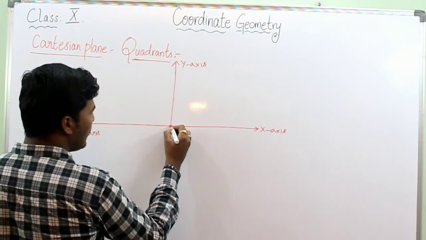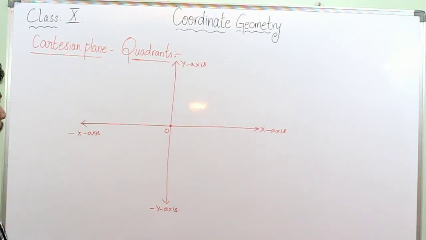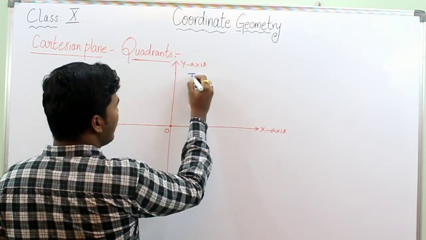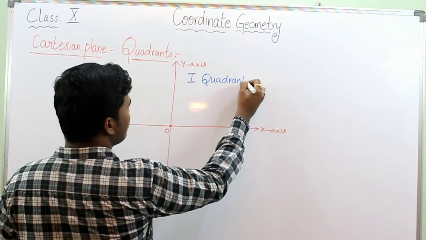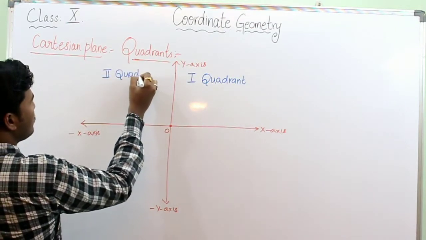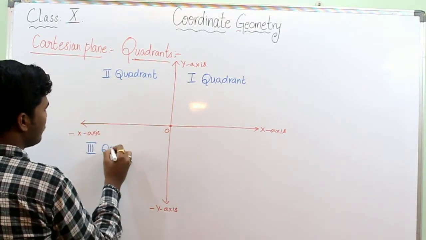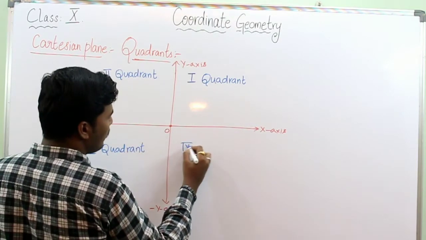The intersection of both is called the origin. Now this Cartesian plane is divided into 4 quadrants. This is the first quadrant, this is the second quadrant, this is the third quadrant, and this is the fourth quadrant.